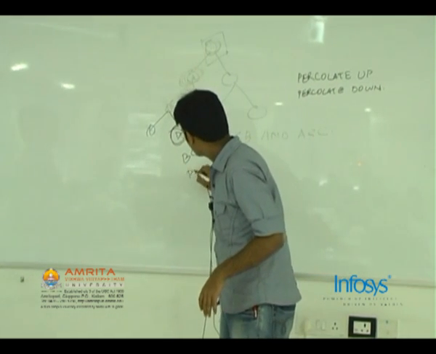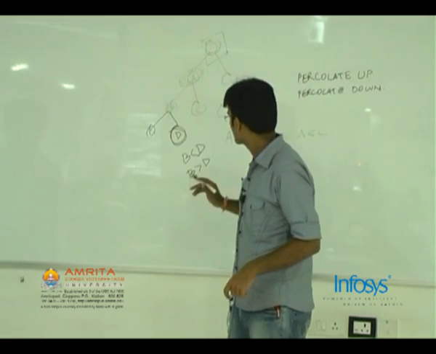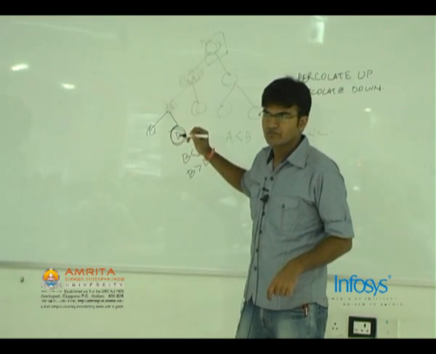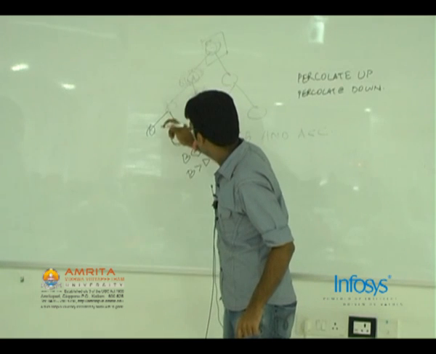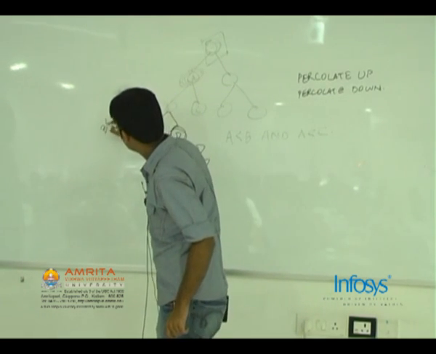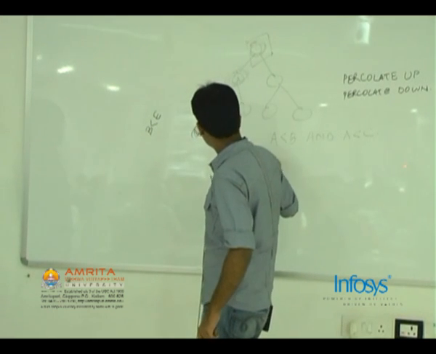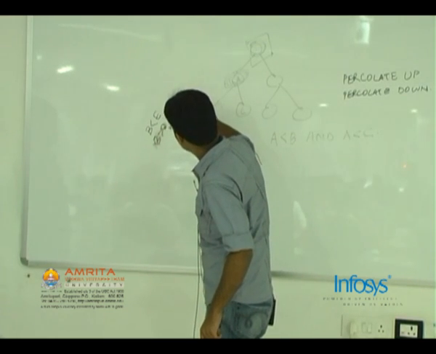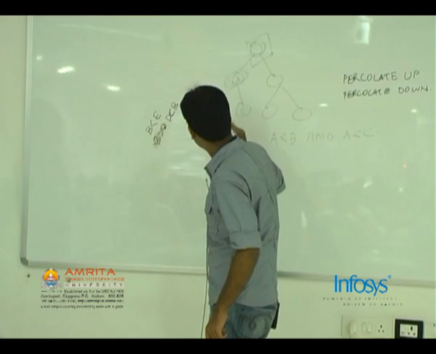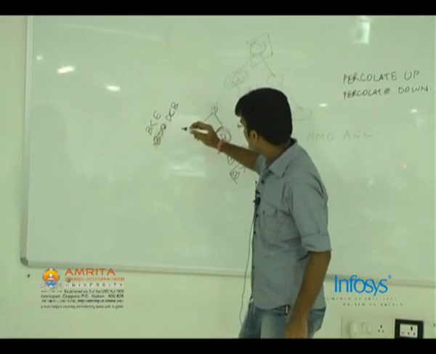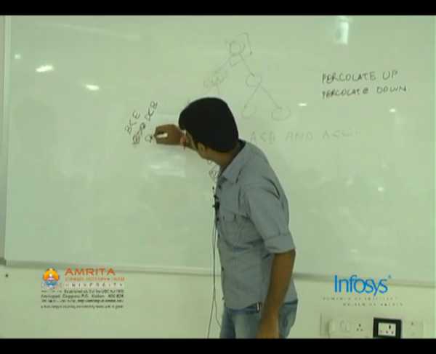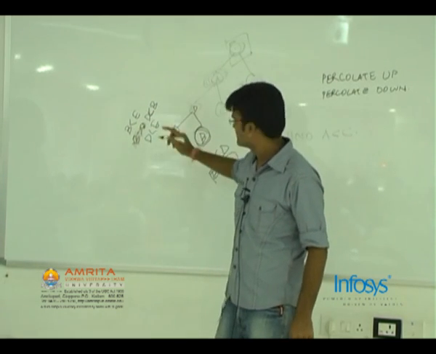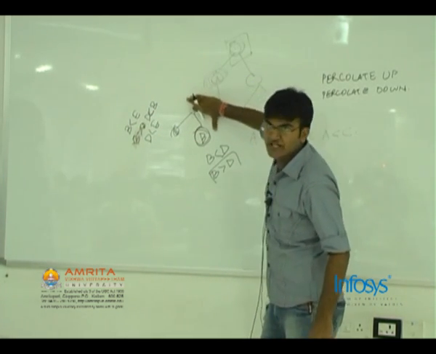However, if it does not follow this relation, that is, if B is greater than D, then we can swap D and B. Let's say this element was E. We know that B is less than E, and we have the relation that B is greater than D, that is, D is less than B. So if we swap, D comes here and B comes here, and using these two relations, D would be less than E, because D is less than B and B is less than E. So the relation is followed in this subtree.